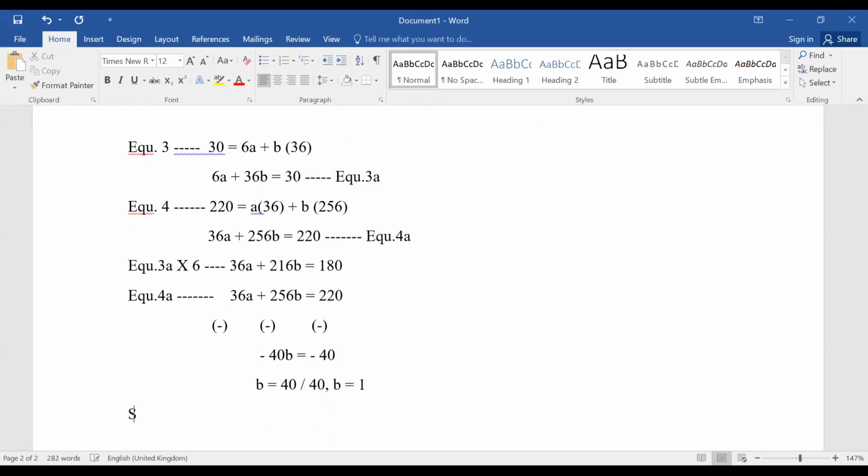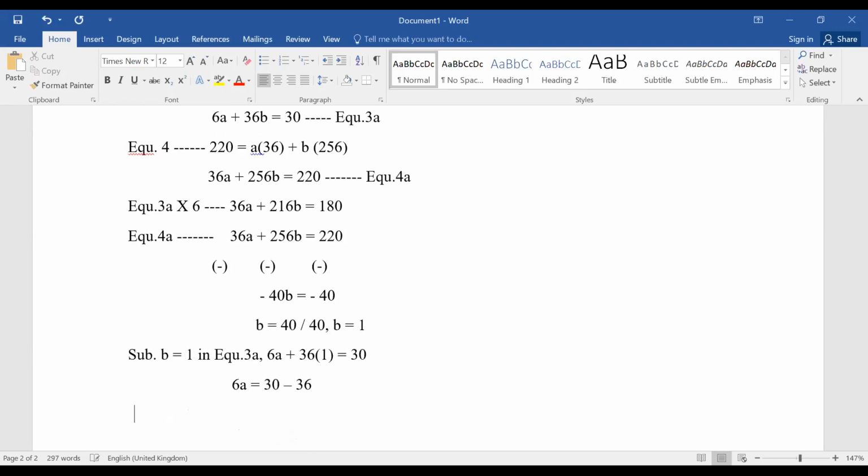Okay, now substitute b equal to 1 in equation 3a. So that you will get 6a plus 36 into 1 equal to 30. Therefore 6a equal to 30 minus 36. 36 will go to that side.